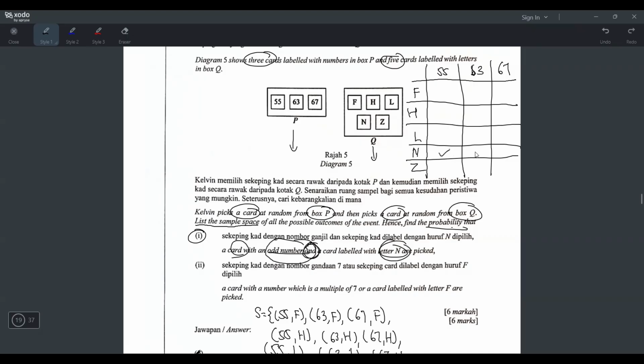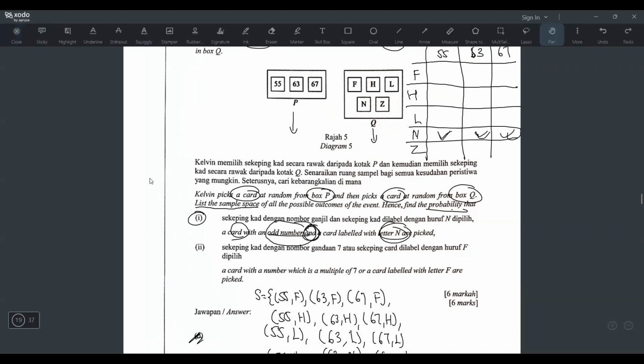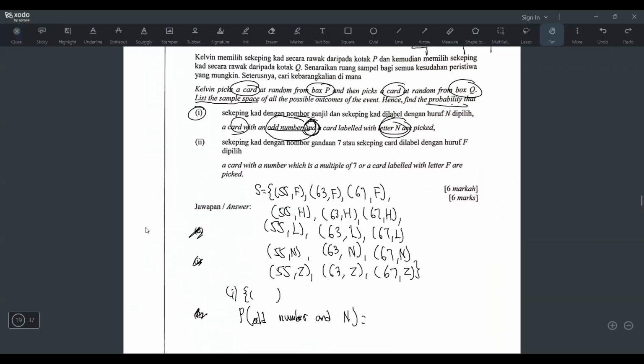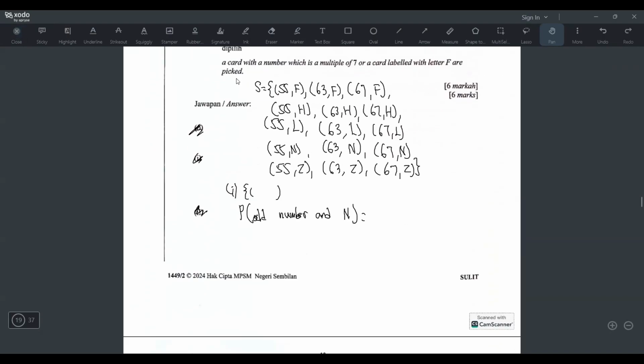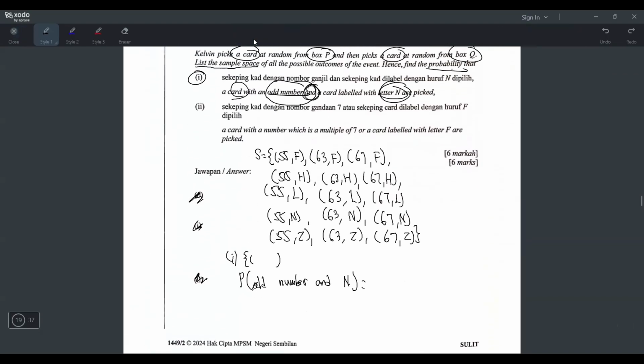So odd number and N is these three, because 55 is odd, 63 is odd, 67 is odd, and they have to pair with N. Only these three boxes fulfill both conditions at the same time. So the answer is 3 over 15. But don't forget to write down the three outcomes: 55N, 63N, this one also odd number and N, and then 67N also odd number and N, and that's all. The rest cannot.